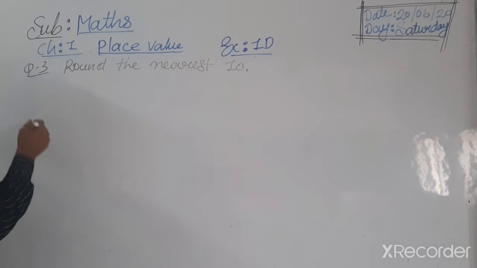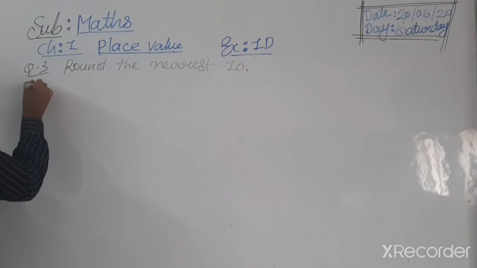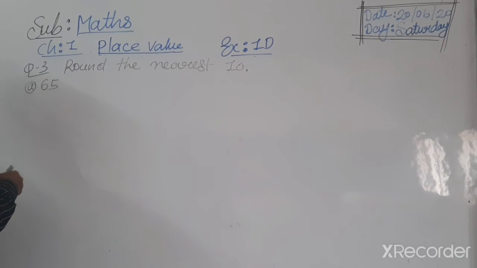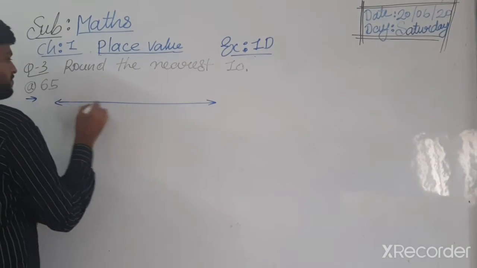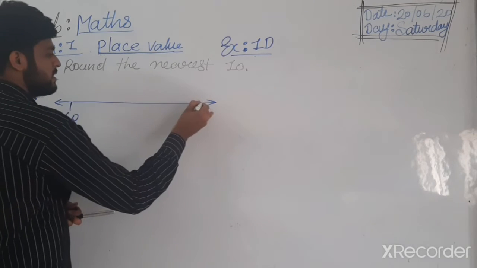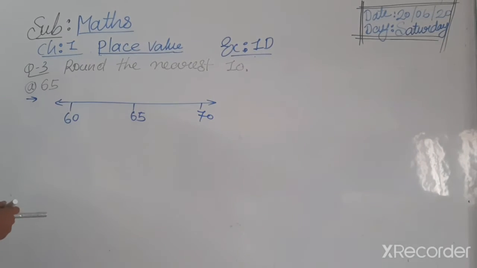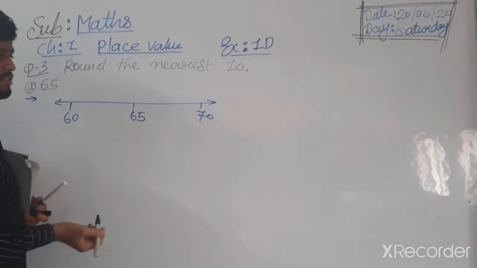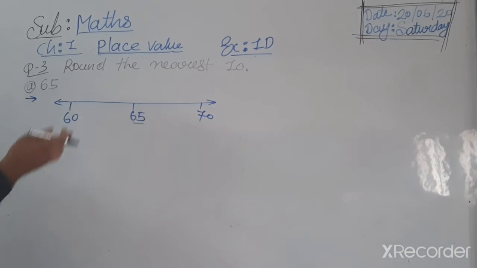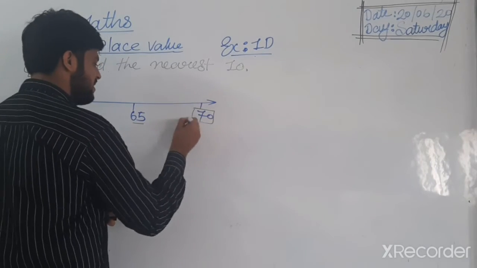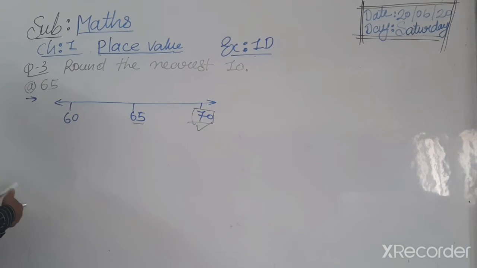The first one is 65. On the number line, 60 and 70, in between is 65. By the rule for this topic, after the midpoint the larger number is our tens. So the answer is 70.